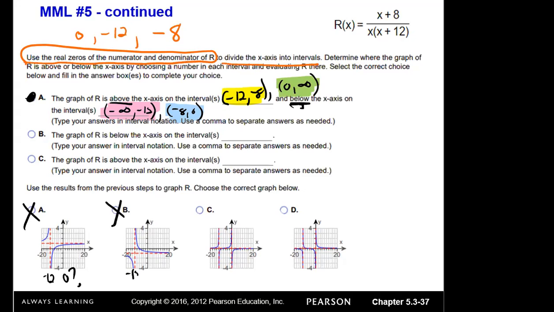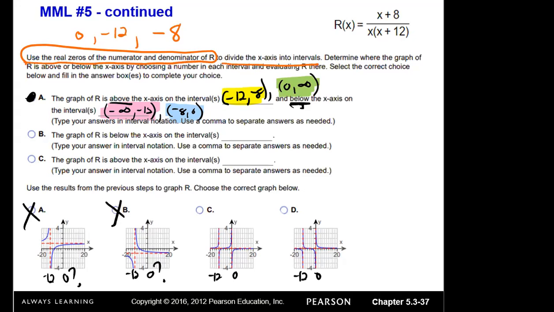I see -12 here, but where's 0? This one has -12 and 0. This one's -12 and 0. Then I look at my horizontal asymptote, which was the x-axis, and A and B have the wrong horizontal asymptotes too. So those are way wrong. So it's either C or D.